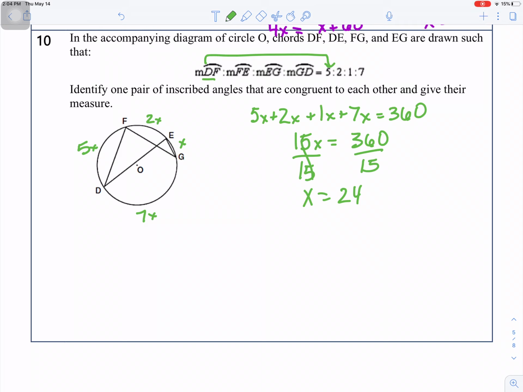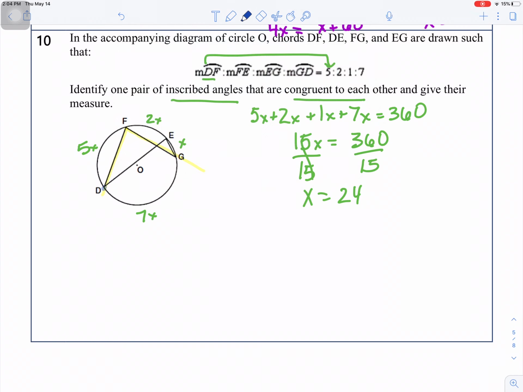You could put them back in and get the arcs. Once you get the arcs, you can get the angles. But look at what this is asking for. Identify one pair of inscribed angles that are congruent to each other. Inscribed angles are congruent if they intercept the same arc. So if you find an inscribed angle like DFG, what's another angle that intercepts the same arc? Let's change the highlighter to blue.